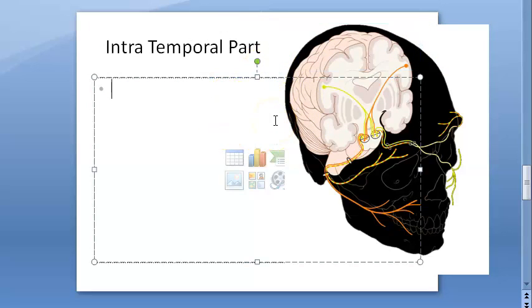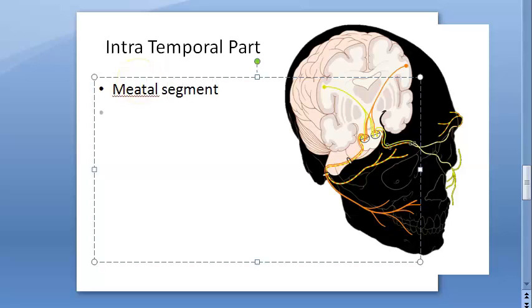Basically here, from where to where? From the internal acoustic meatus to the stylomastoid foramen, you have this, right? So from the internal acoustic meatus to the stylomastoid foramen, this part they are talking about, okay? So here you have the meatal segment. Here you have the labyrinthine segment, okay?